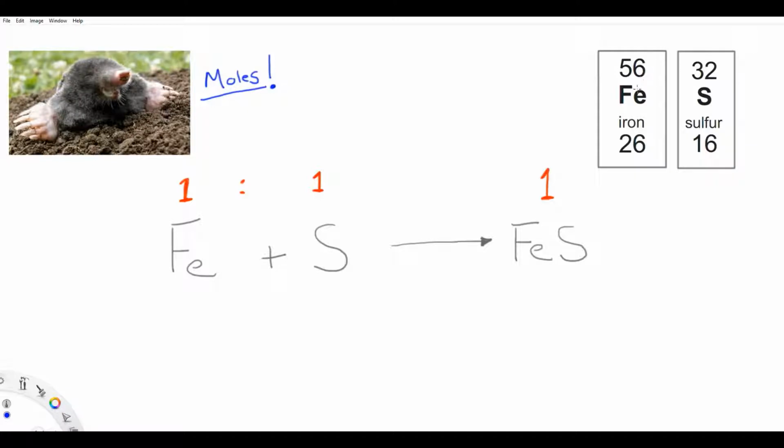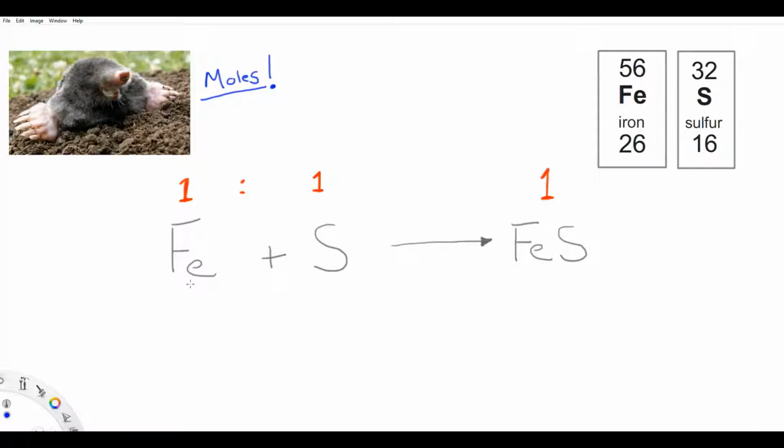Here you can see iron, each atom has a relative mass of 56, whereas sulfur has a relative mass of 32. So in this case, iron's a bit analogous to our polo mint, and our sulfur is analogous to our Tic Tac, where the Tic Tacs are lighter, the polo mints are heavier.